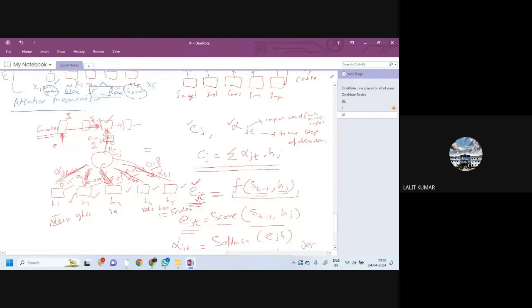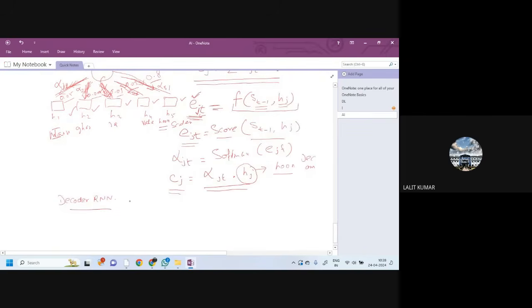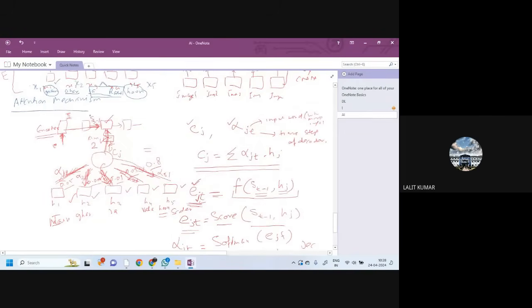Along with that, I feed the Cj. So the decoder RNN, st, will become RNN of st minus 1 and y hat t minus 1, because the y hat which comes out becomes the input for the next step.